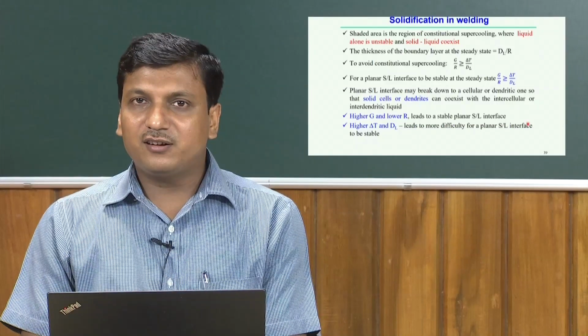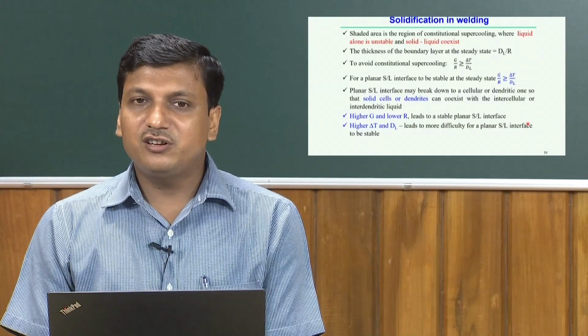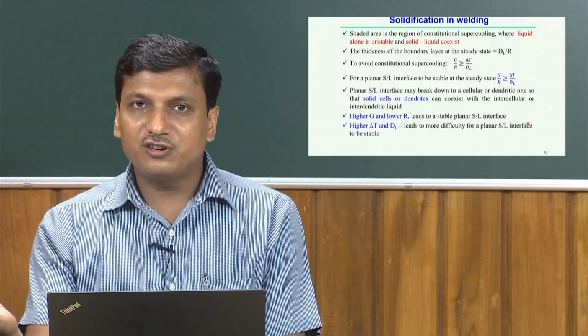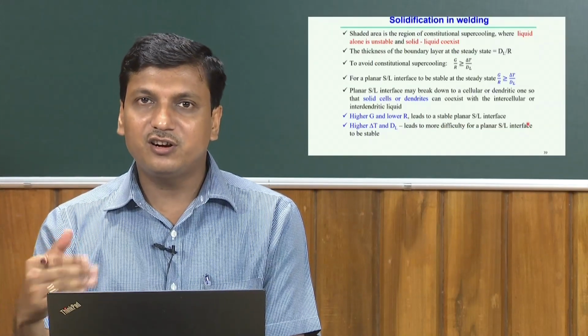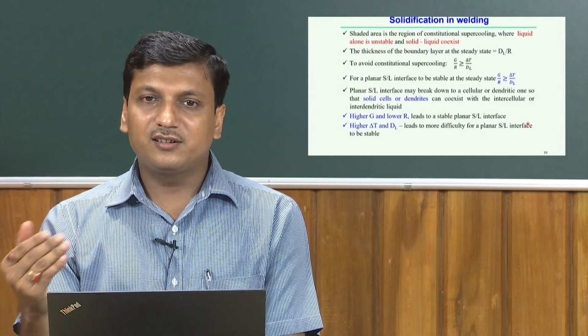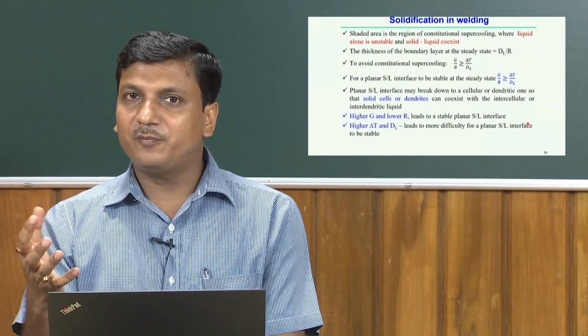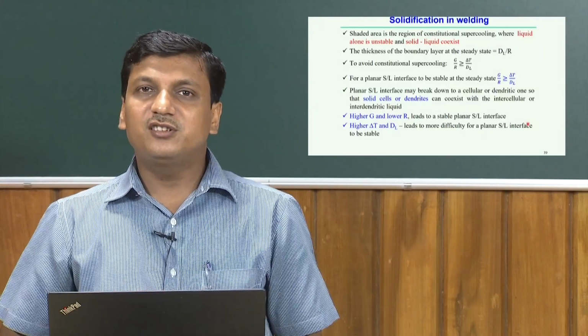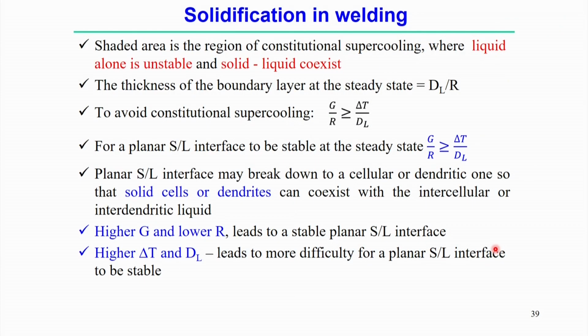That breakdown of the planar solid liquid interface to other solidification modes, cellular or dendritic, can be explained mathematically in terms of G, R, delta T and DL. So, higher G and lower R lead to the planar solid liquid interface.